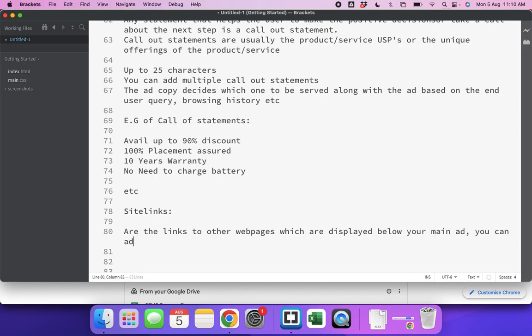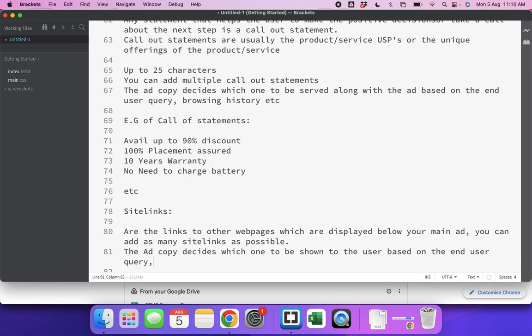You can add as many site links as possible. The ad copy decides which one to be shown to the user based on the end user query, browsing history, etc.